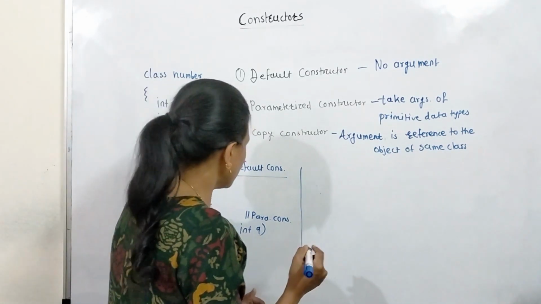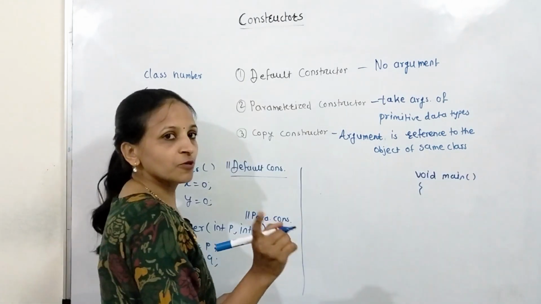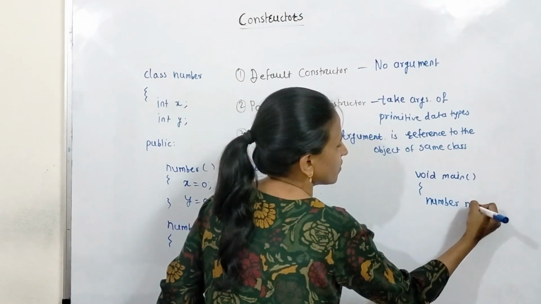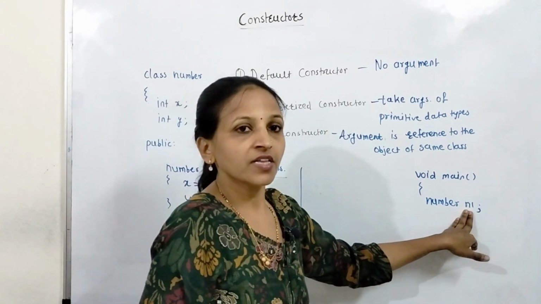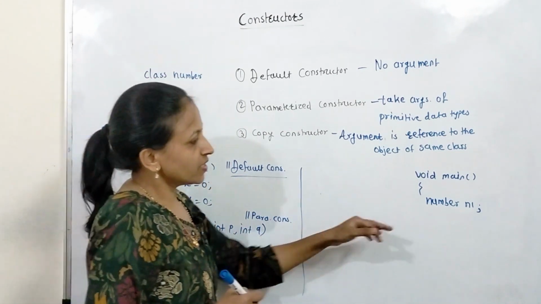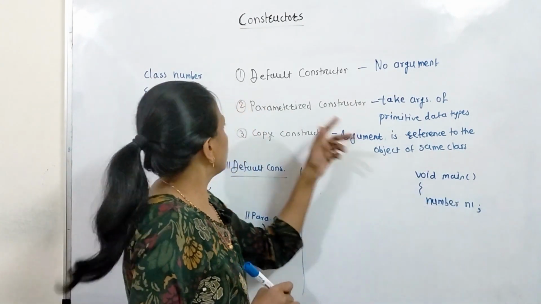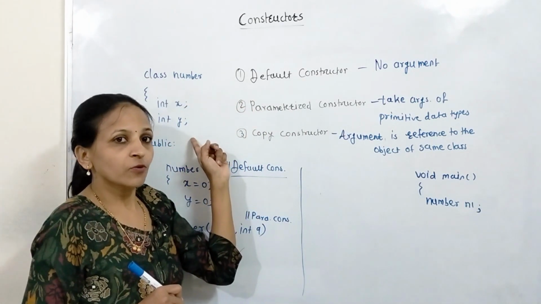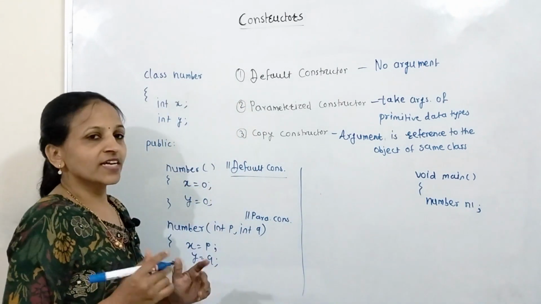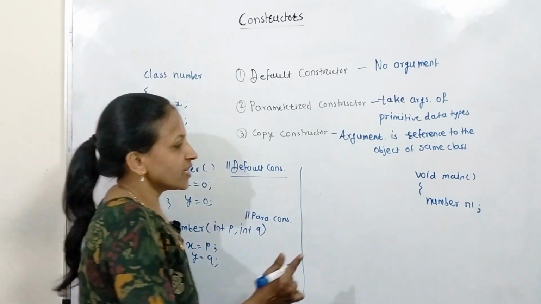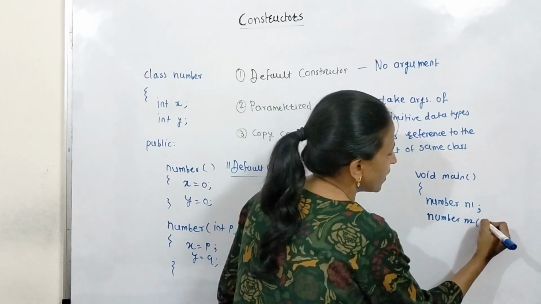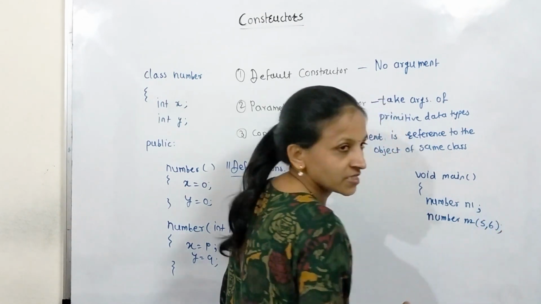Now inside main, suppose I am creating an object like this: Number n1. Then the default constructor will get called automatically, and internally n1 will have x and y, and to those x and y of n1, the value 0 will get set automatically. The next one, suppose I am calling Number n2 and passing 5, 6.